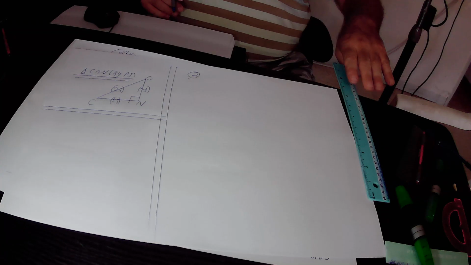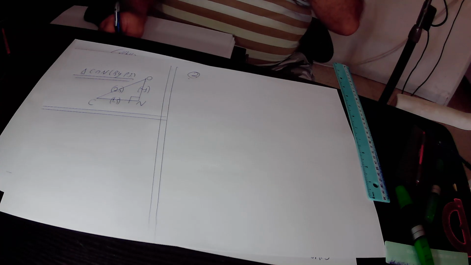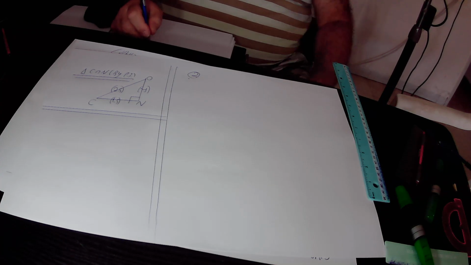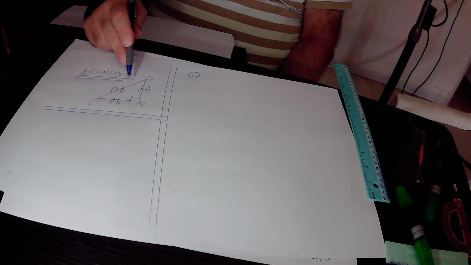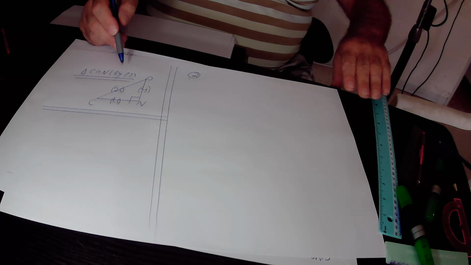In this right angle triangle CON, according to the Pythagoras theorem, OC squared, that is the square of the hypotenuse, equals ON squared plus CN squared. So I write it down.